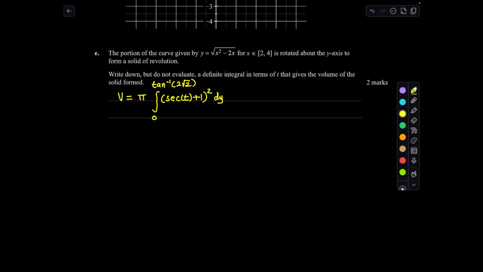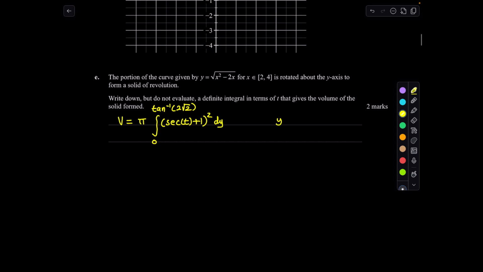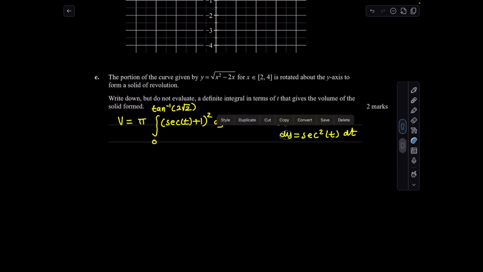And there's one more thing that we are missing that's in terms of y. It's our dy. Can you see that dy over here? You remember how we said y equals tan t. If I differentiate that, don't we get dy/dt equals secant squared t? And if I multiply both sides by dt, I get rid of this dt over here. So now I've got an expression in terms of dy, so I can substitute this expression for the dy.